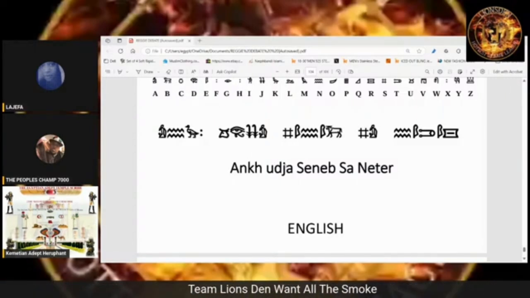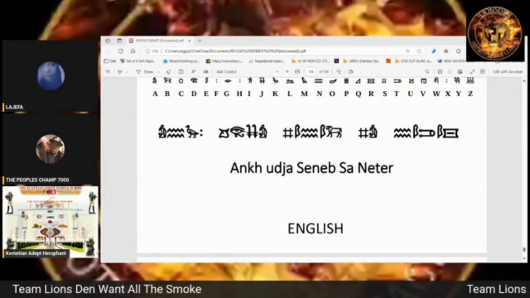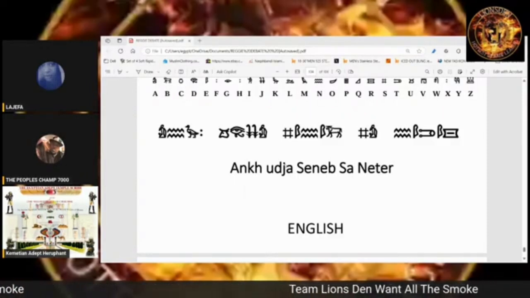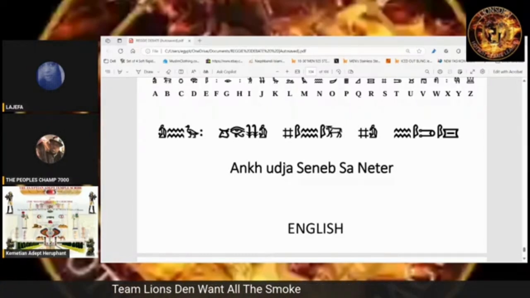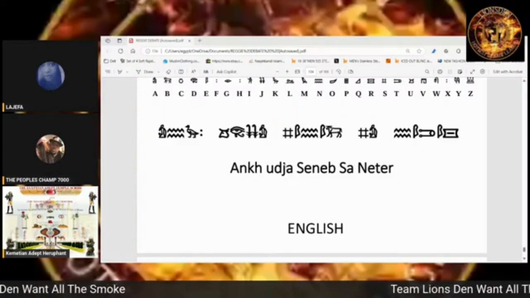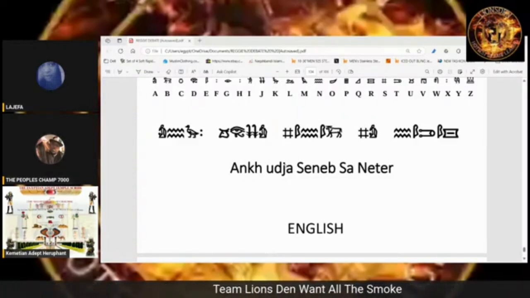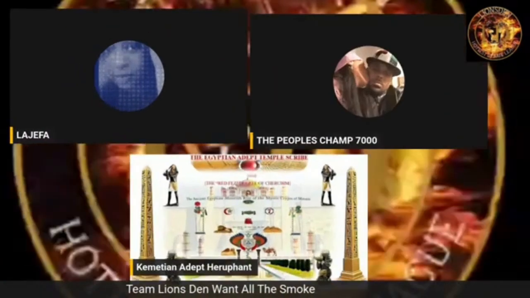I was doing that to show them how quick it is to create an alphabet chart, and I used the Meroitic letters that hadn't been deciphered yet. So if I was able to do that right there, how easy do you think it was for Champollion to take those symbols and put them on Greek letters? Right. That's it. Man, they better stop playing.